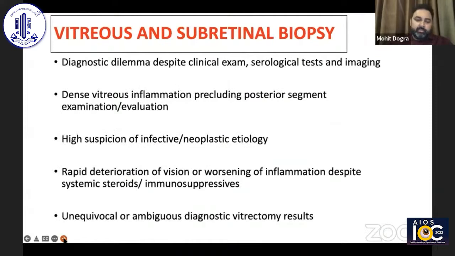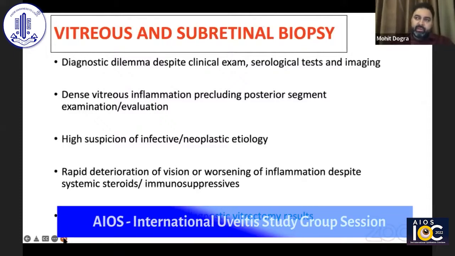So vitreous and subretinal biopsy, pretty much you resort to them when there's a diagnostic dilemma despite clinical exams or serological tests, and you pretty much don't know what's going on, or there is dense vitreous inflammation which precludes posterior segment examination or adequate evaluation.